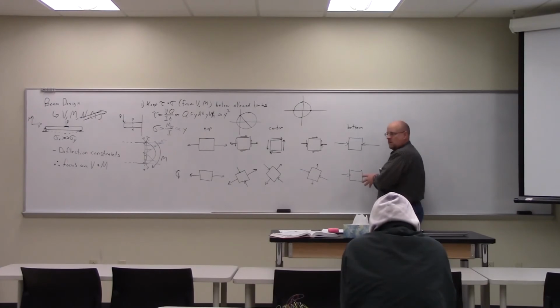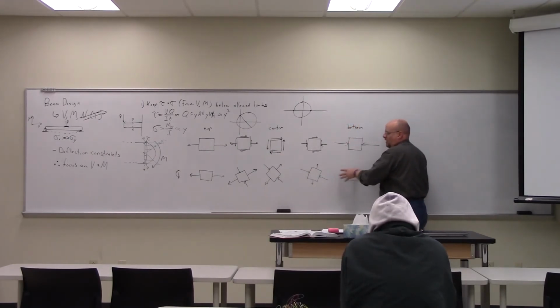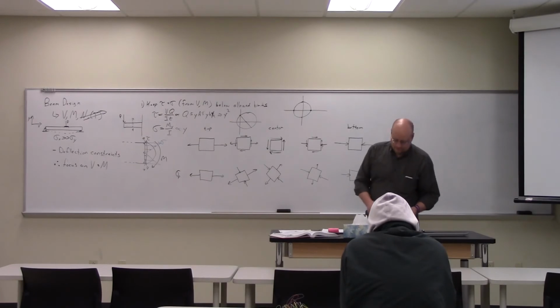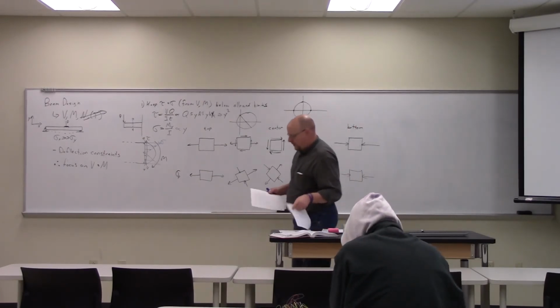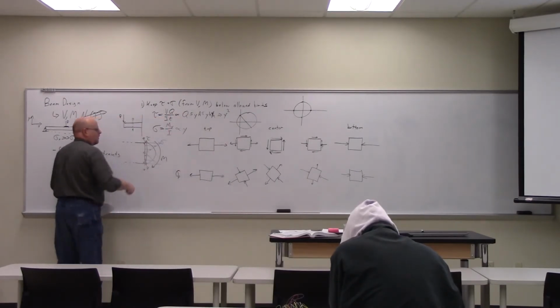That make sense? The tensile piece, as it rotates, goes away, and the compressive piece, as it rotates, comes in. You see that? All right. So that's what's happening across here.